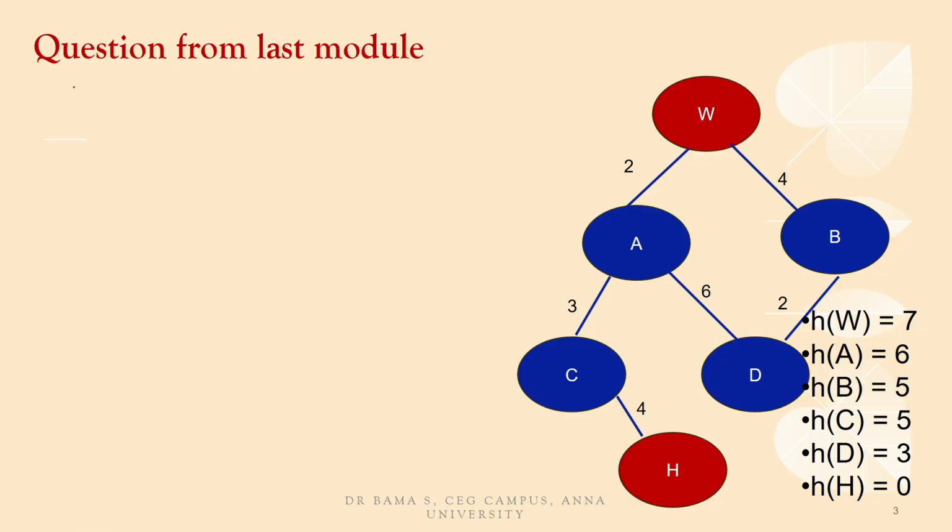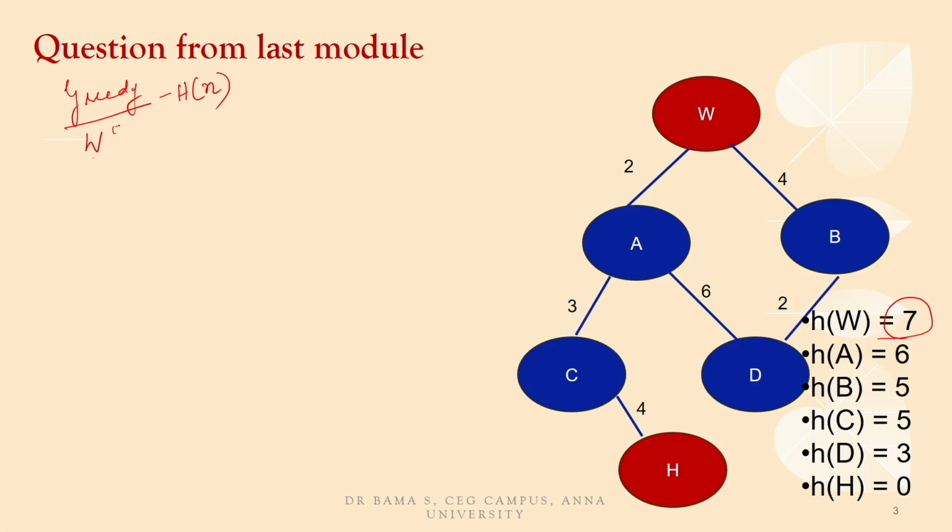Suppose we have greedy, and for greedy it is only the heuristic value h of n. We start at W, and the heuristic value for W is 7.